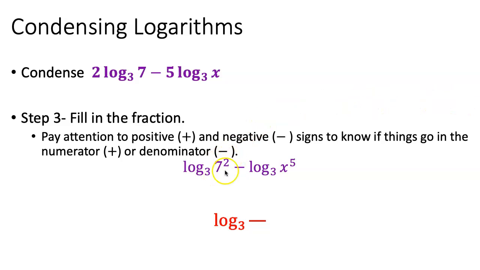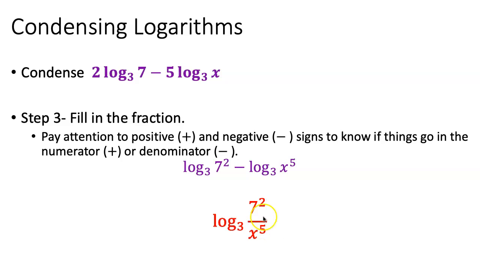So 7 squared, that's a positive term here, so we're going to put that in the numerator. There's a subtraction or a minus sign here before this x to the 5th, so it's going to go into the denominator. You could imagine that you could make this a plus sign, which then would force us to put a negative 1 here, and if we move the negative 1 up, it would turn this to a negative 5, which, if you put it in the numerator, would push it into the denominator anyway to make it positive.